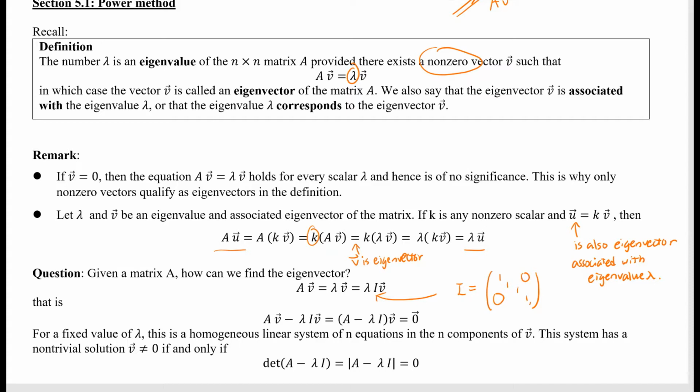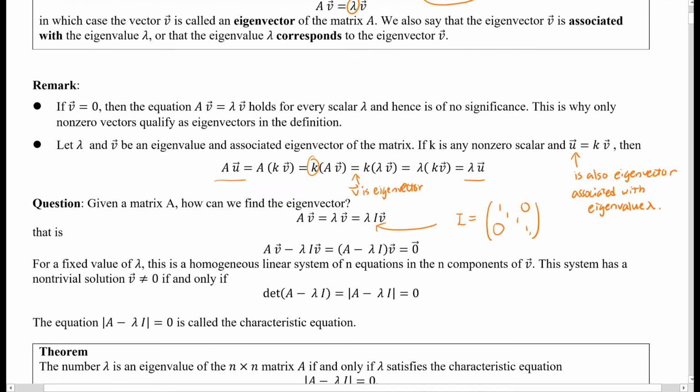Now we can move the right hand side to the left. We get Av minus lambda Iv. Now we can factor out the v. Remember, this is matrix vector multiplication, it's not commutative. So v is on the right, it has to stay on the right. So we have (A minus lambda I)v equals 0.